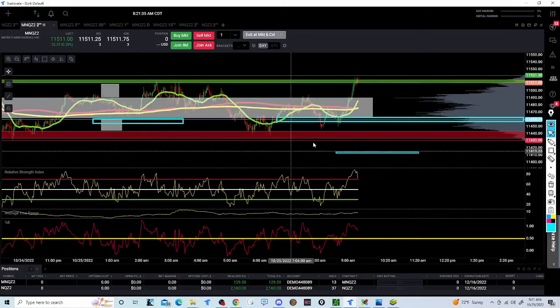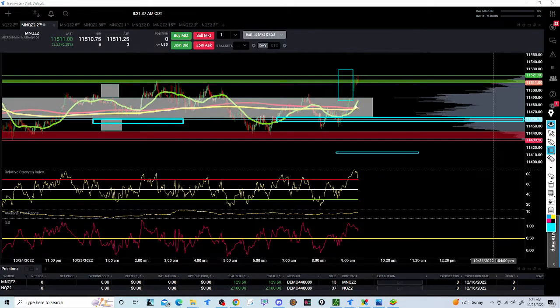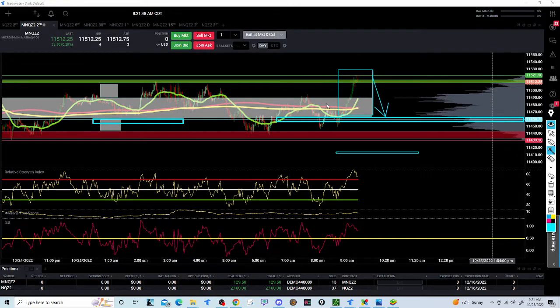So we close. That means right now we are 100% net long. The higher probability trade is to come right back because the market doesn't like to be imbalanced. So when the market opens, it doesn't like the unbalancing. It likes to be in a balanced area. Now, does that mean we're going to come back here? Absolutely not. But the higher odds, the higher probability trade would be looking to come back to the downside.